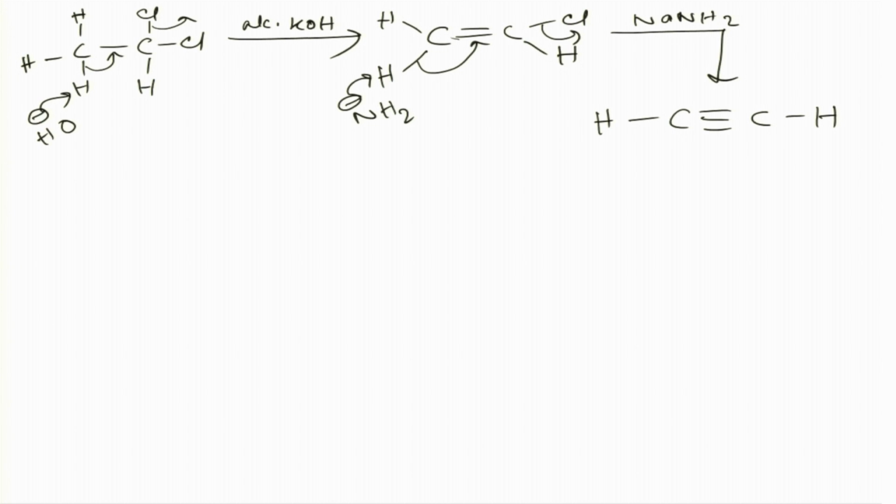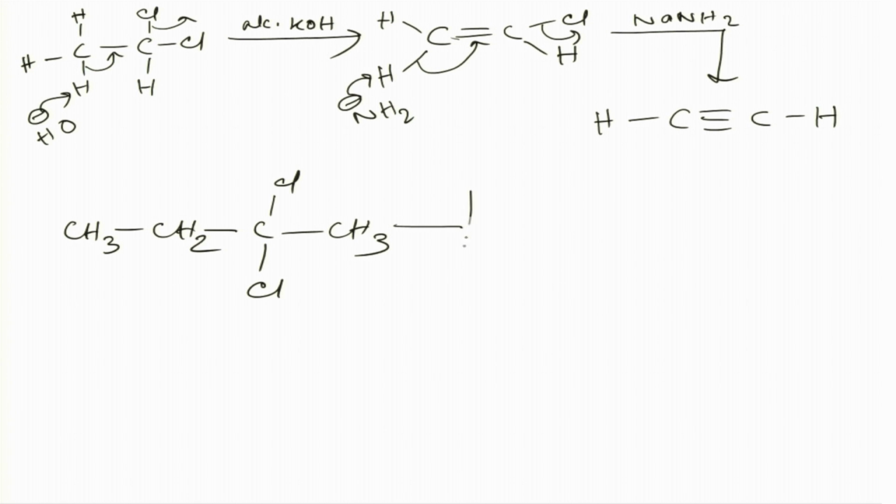Now, there is another example. If we have this geminal dihalide and we have two types of reagents, one is alcoholic KOH and the other is sodamide.